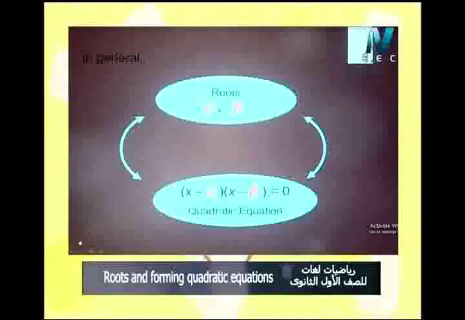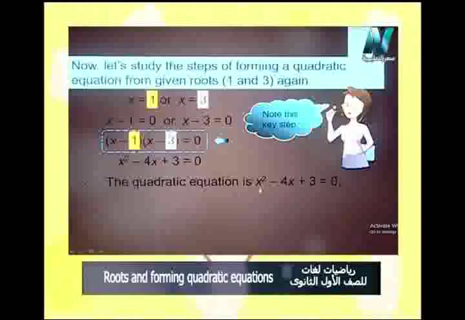So the quadratic equation now is x power 2 minus 4x plus 3 equals 0. We have formed the quadratic equation using the two roots 1 and 3. We put x minus 1 in one bracket and x minus 3 in the other bracket.